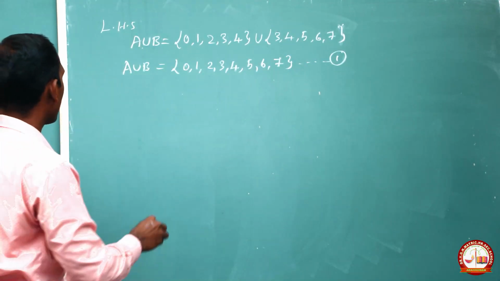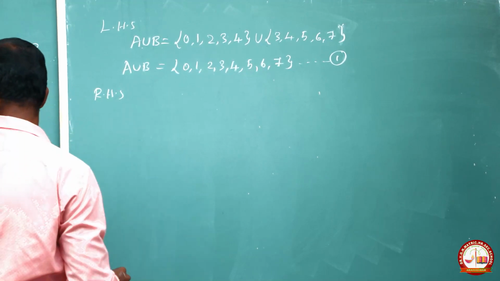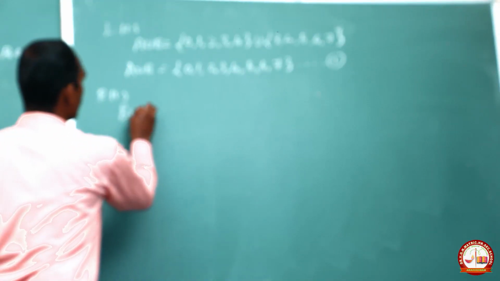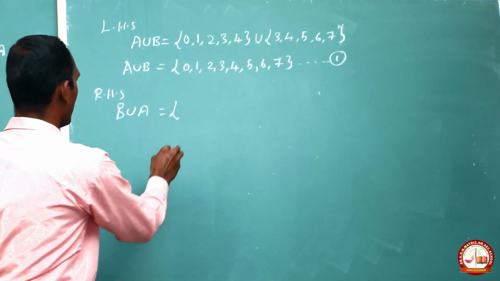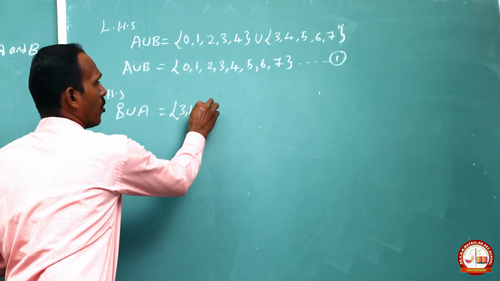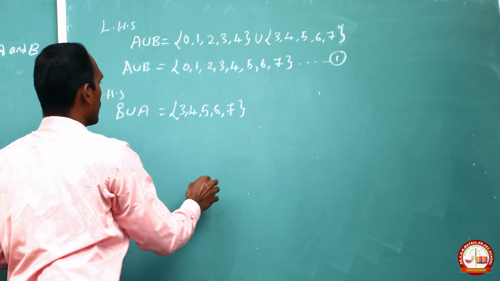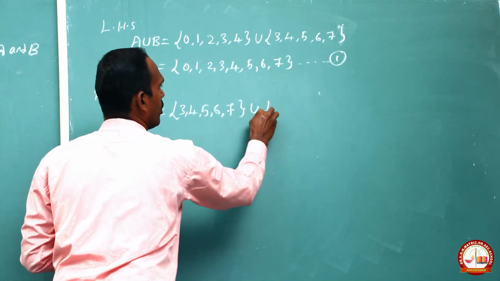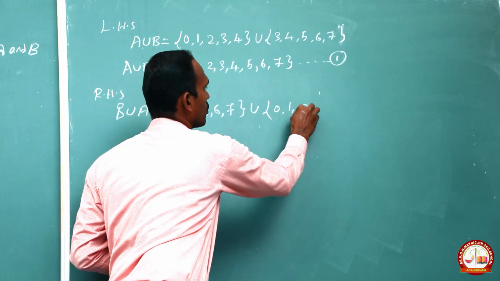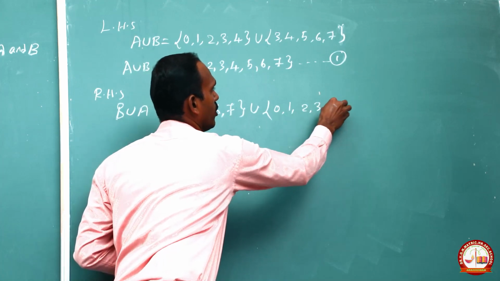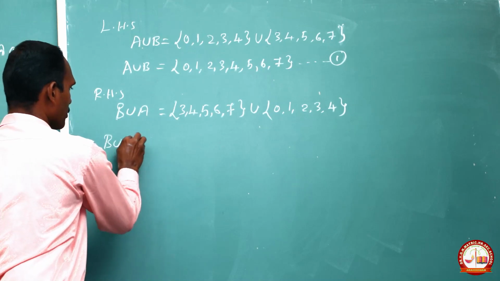Okay. Next, RHS. B union A equals, what is the B set of elements? 3, 4, 5, 6, 7. Okay, and then you put the union symbol. What is the A set of elements? 0, 1, 2, 3, then 4. What is B union A?